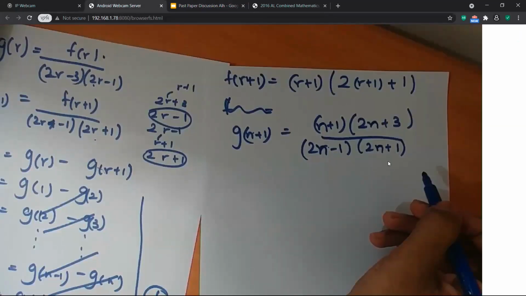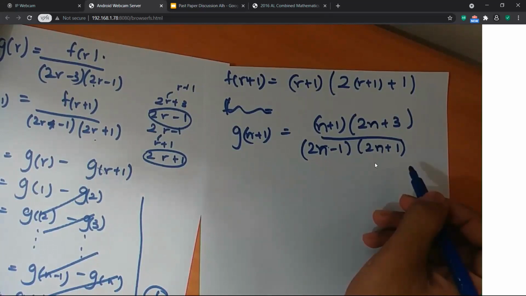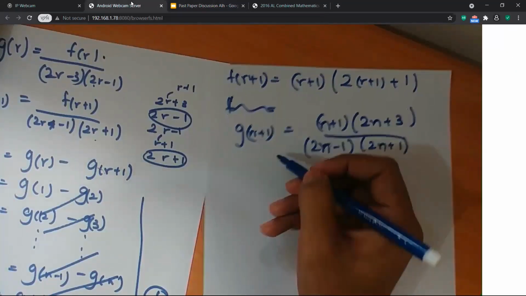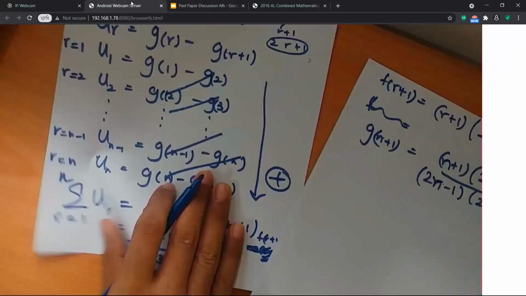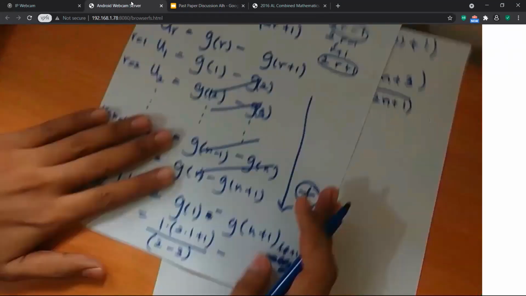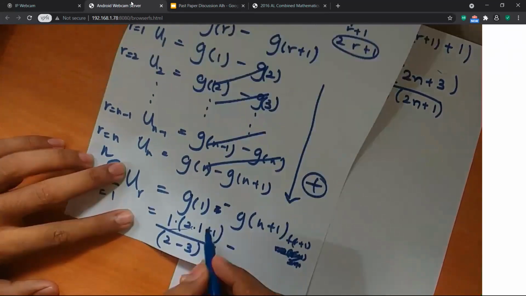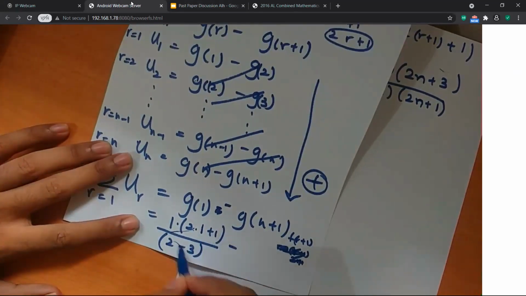Yeah, (2n minus 1)(2n plus 1) is completing the difference between two squares. If you multiply, you get 4n squared minus 1. Then the top is what we need. So we simplify this. When we simplify, you'll get 2 plus 2, this 2 plus this 3, minus 1, that is minus 3, right?